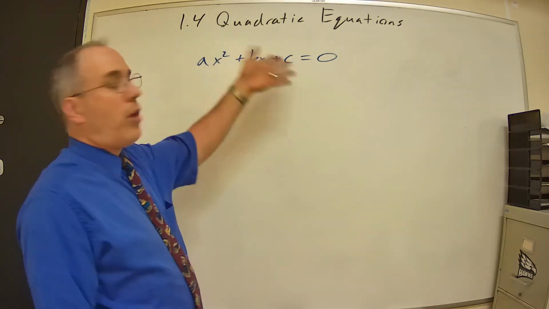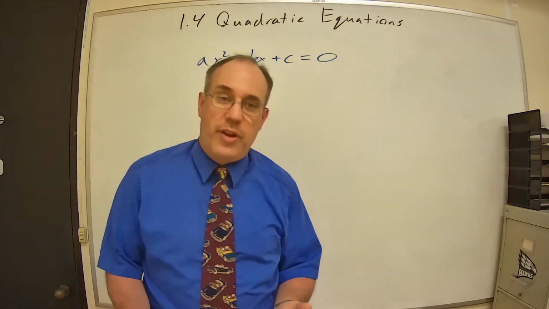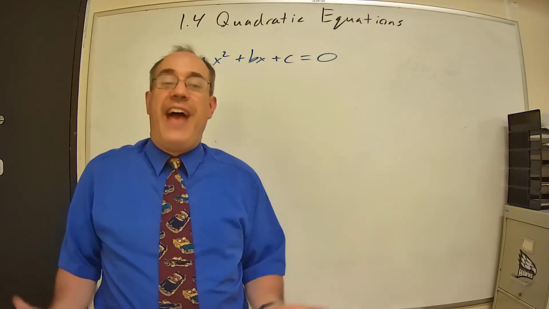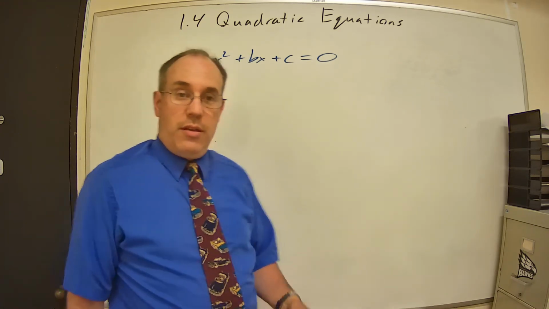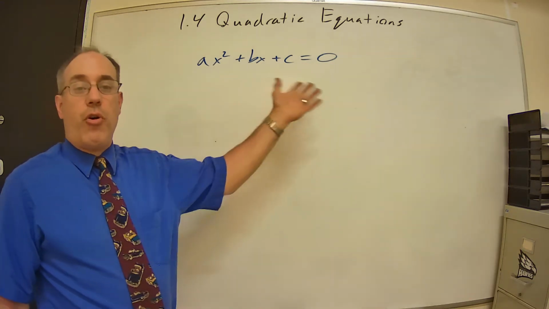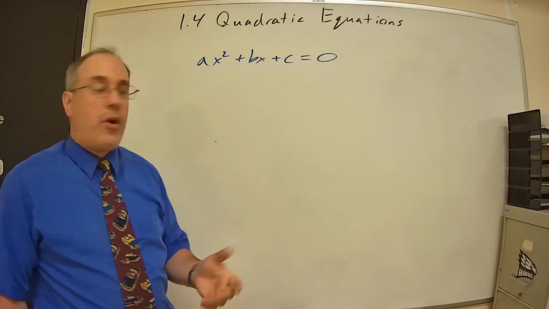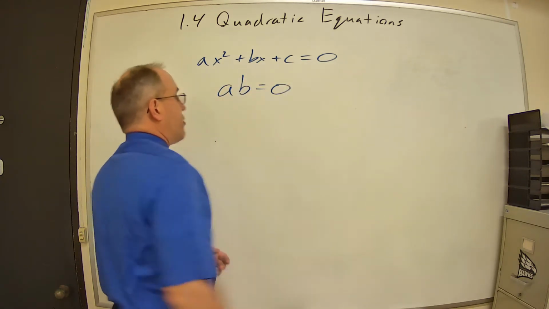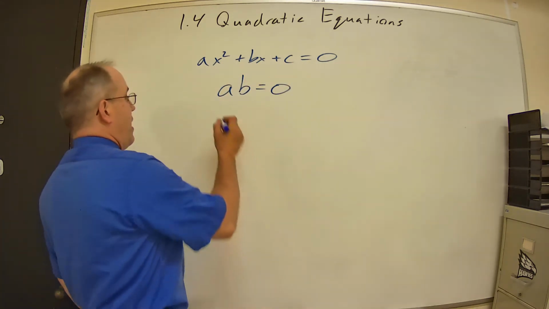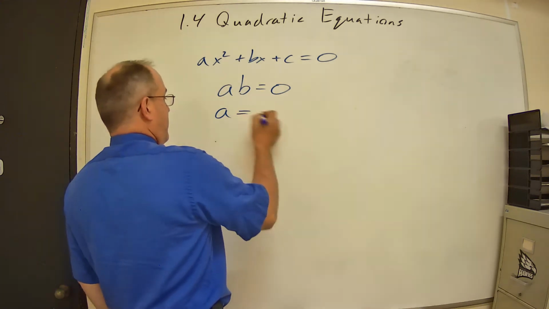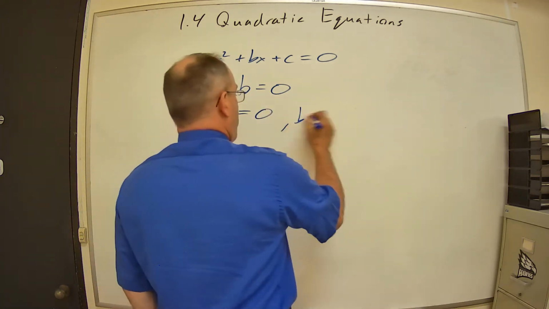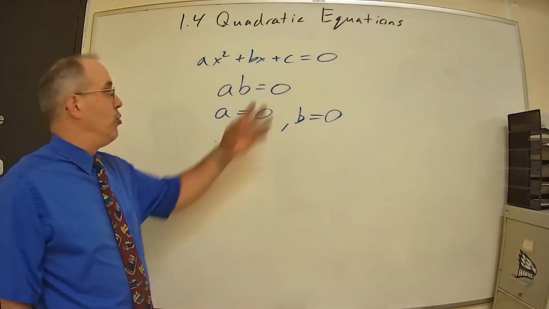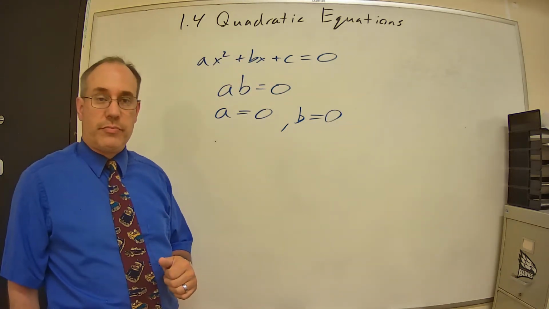So when we're dealing with quadratic equations and solving quadratic equations, we get into standard factoring. And we're going to use the zero product rule. Zero product rule is that rule that says if you had a times b is equal to 0, then a equal to 0 or b equal to 0 will make this statement true.